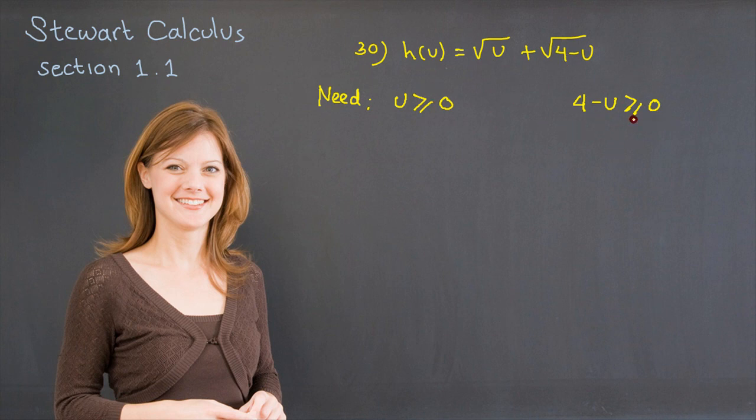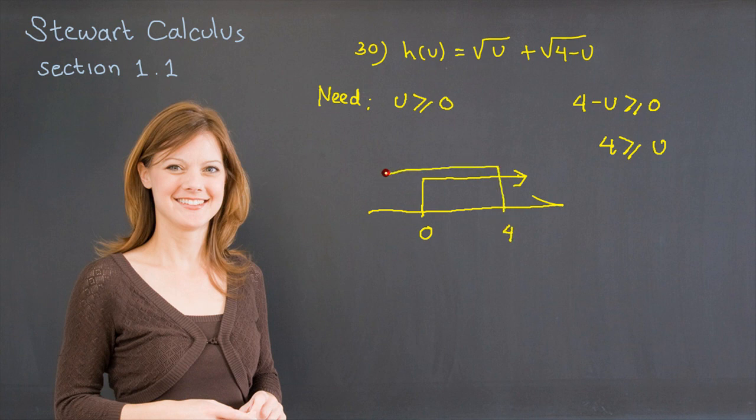So we can solve this inequality. So 4 is greater than or equal to u. So u is greater than or equal to 0, and at the same time u is less than or equal to 4. So the u that satisfies these two conditions lies between 0 and 4, including 0 and 4 itself.